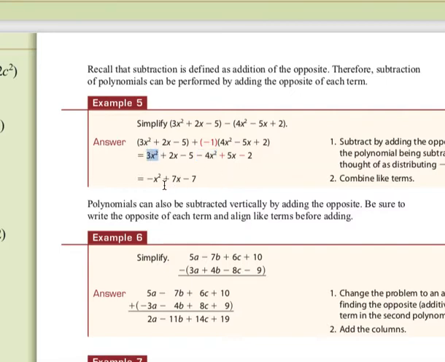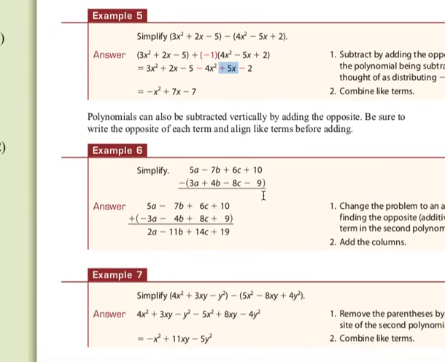That leaves me with negative 1 x squared. We don't write 1 in front of variables, so it's just negative x squared. You look at our next term, it is 2x plus 5x, and that gives us 7x. That's right here. And then we're left with our constants, negative 5, negative 2, negative 7, right there.